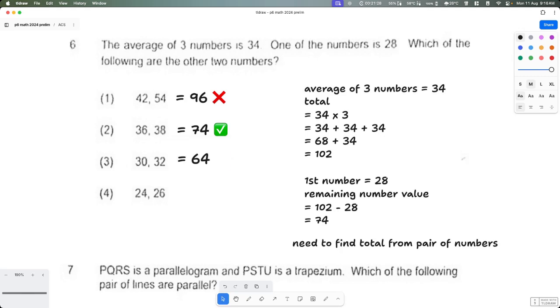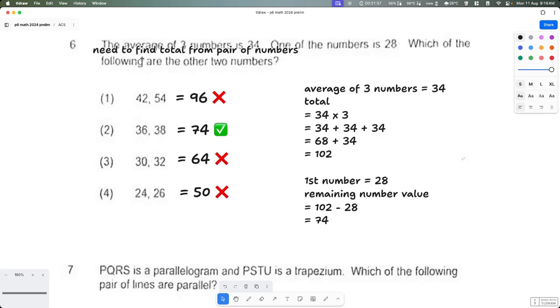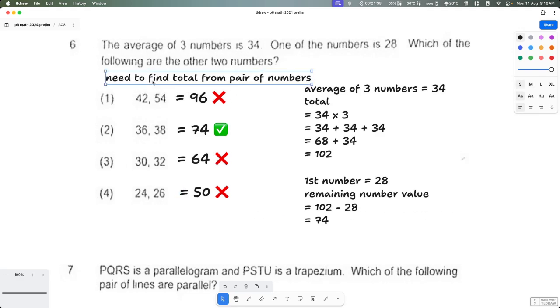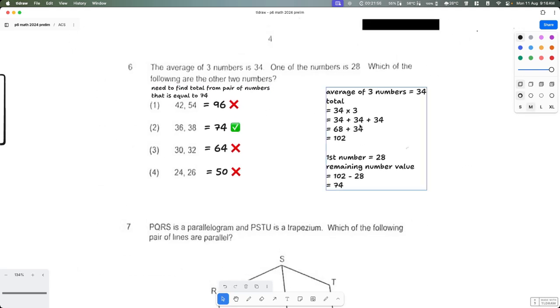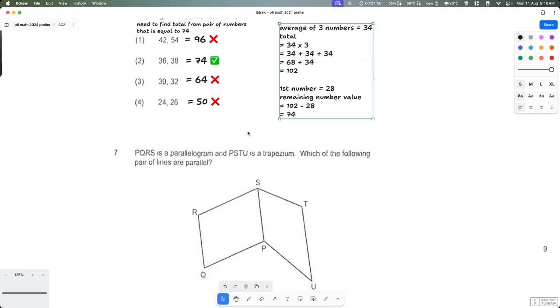And the last one, adding this together, will be 50, so that means this is a cross as well. So we need to find the total from a pair of numbers that is equal to 74. So that's it, that is the answer over here.